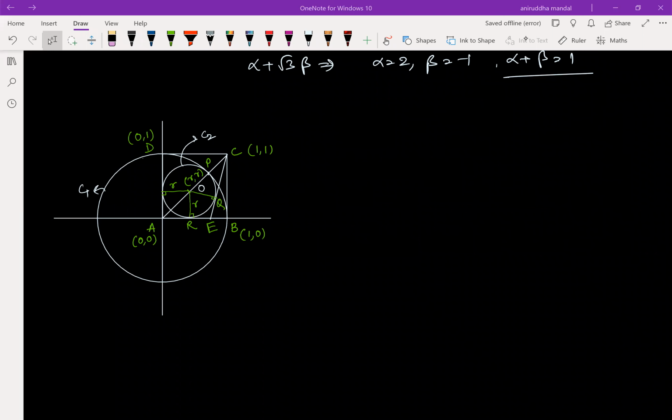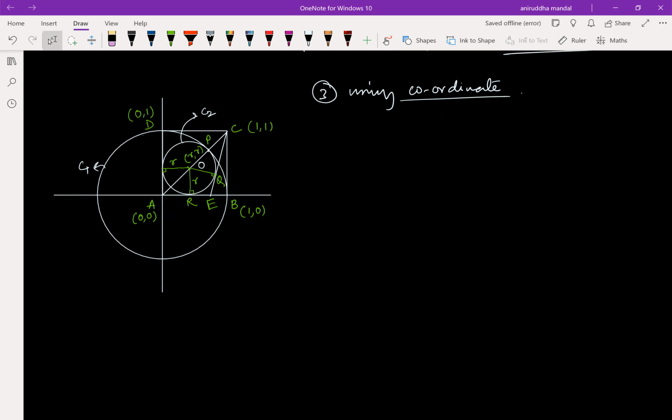The third method is using coordinate geometry. Let's say the equation of CE, we can take the slope of this CE line as m, so we can write y minus y1.